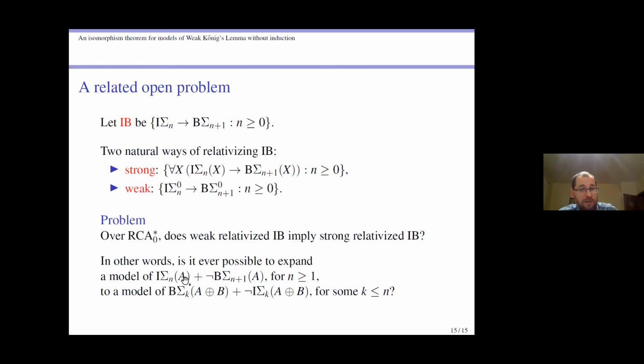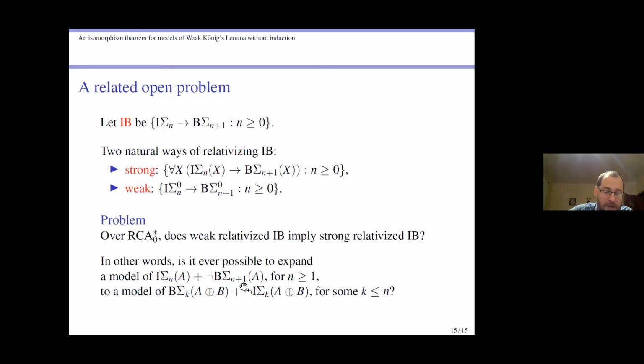So here's a model theoretical reformulation. I think I stated one that's essentially equivalent, or almost equivalent at least. Basically, is it ever possible to take a model, possibly already with some parameter, that satisfies induction and violates the next collection, and expand it to a model that satisfies a lesser amount of collection but violates induction?